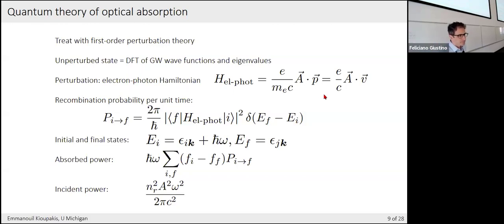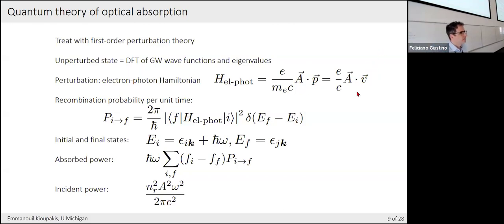For a bulk crystal, we don't want to work with the position gauge, we work with the momentum gauge. So we use the vector potential dotted with the momentum to find the electron-photon interaction. And because we use pseudopotentials, we want to switch to the velocity gauge because the momentum operator does not commute with the non-local part, so the velocity is a better description for the gauge.